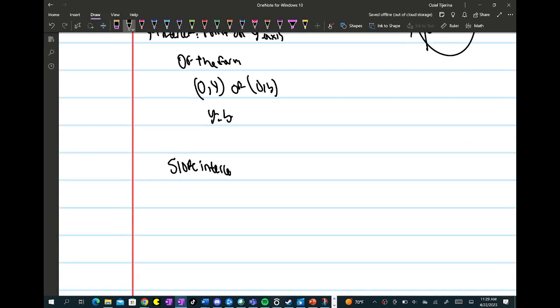And I know I'm saying a lot of things here, guys, but this is very important because these are the basics of algebra. So it's y equals mx plus b, and m is the slope, and b is our y-intercept.